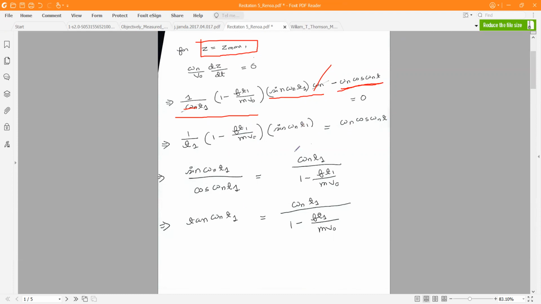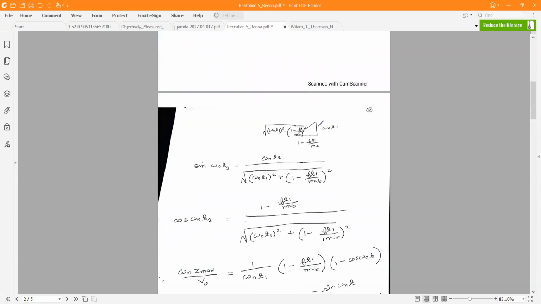So now I'm going to write sine omega n t1 over cos omega n t1, which is tan omega n t1, equal to omega n t1 over 1 minus F t1 over m v naught.